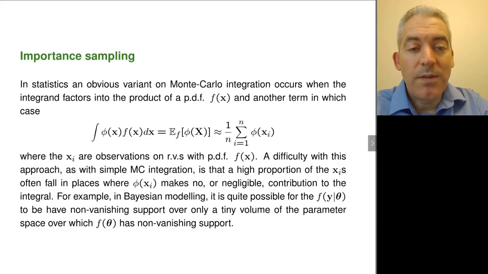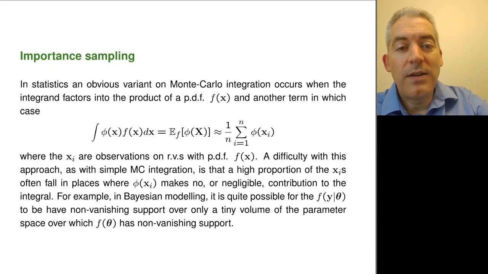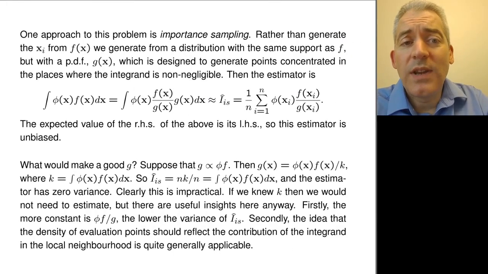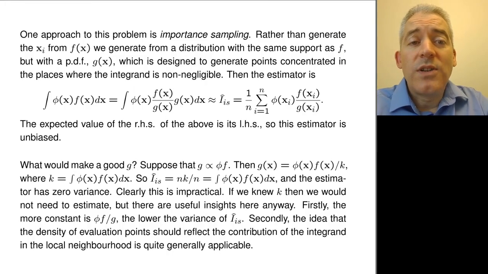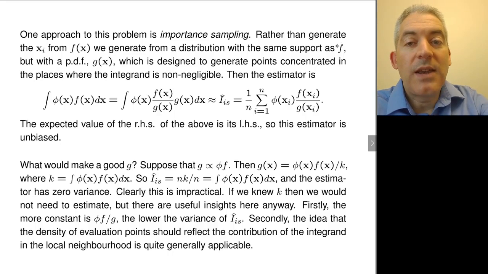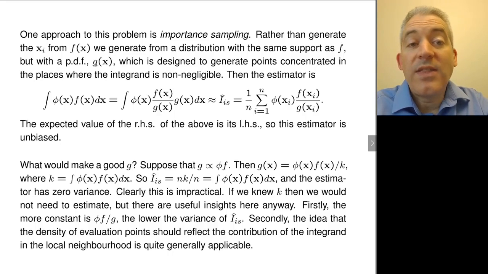However, this very simple approach can be modified very easily by just introducing another distribution that we can also sample from just to correct this thing. Okay, so what do I mean by that? Well, suppose that G has the same support as F, and that we can sample from it.